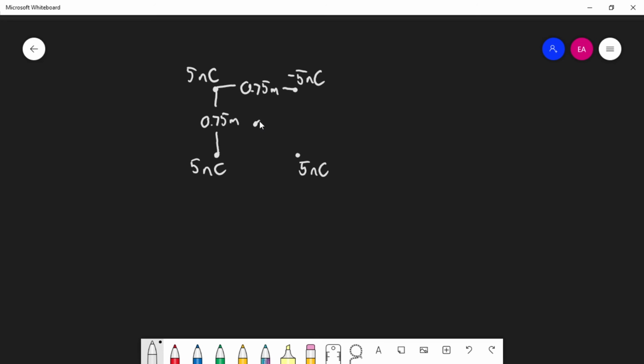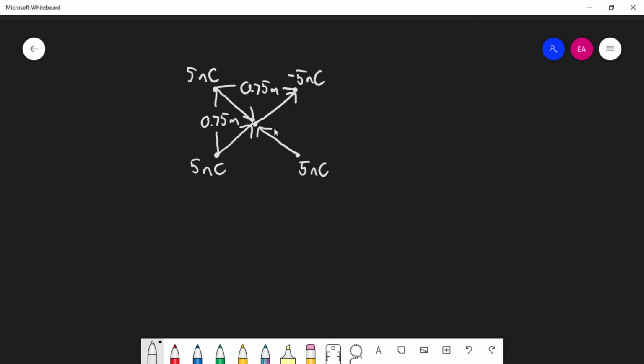So this field line would move towards the charge. This field line will move away from the charge towards that. This field line would move like this, and this field line will move like that. Now, as you can see, it's kind of symmetric. 5 nanocoulombs here, 5 nanocoulombs here.